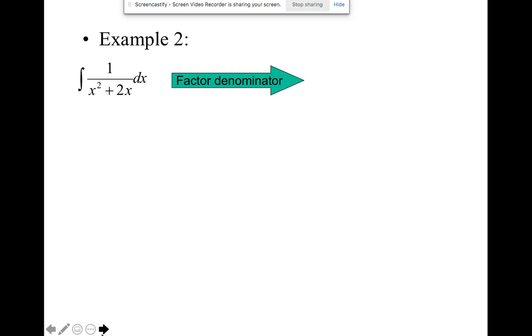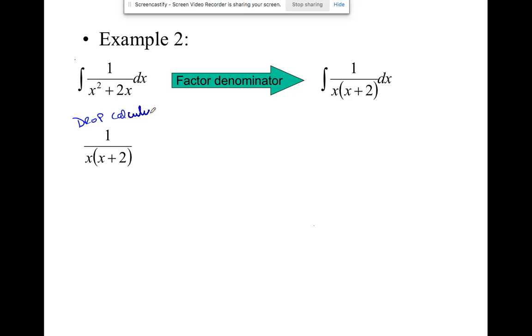Factor the denominator. First, again, of course, I thought u-substitution or inverse tangent. I thought a lot of things. Couldn't do it. Factored the denominator. Notice I dropped calculus to do pre-cal.